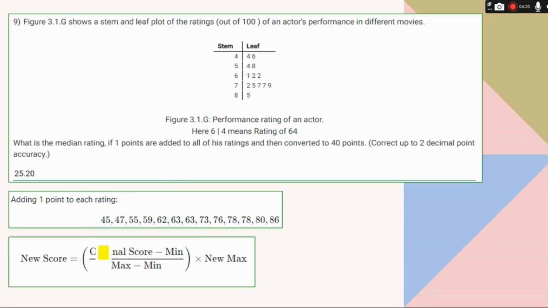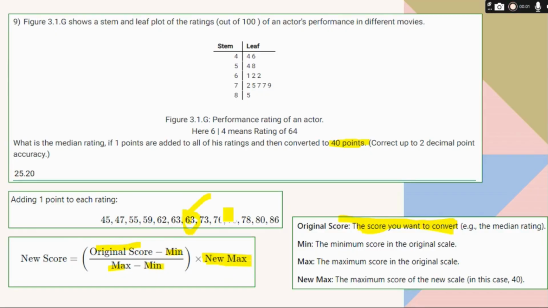Now our new score will be (original score minus minimum) divided by (maximum minus minimum), into new max. This is the formula. As this data set is odd, our median will be the middle value, that is 63. The original score represents the score you want to convert, that is 63, as it is the median value.